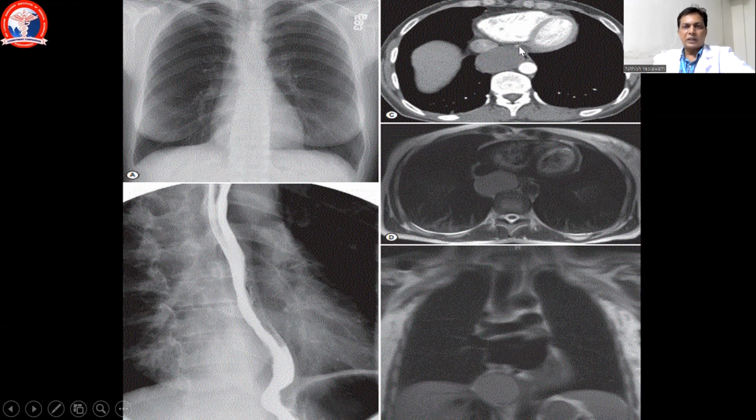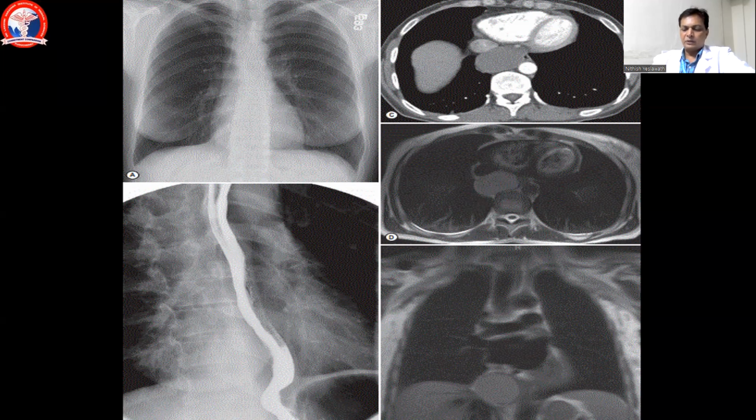So the lesion is arising from the right side of the esophagus, and the wall of the lesion is almost imperceptible, and this is an esophageal duplication cyst. On MR image, the esophagus is here. We are seeing the lesion, a clear fluid density lesion with imperceptible walls.